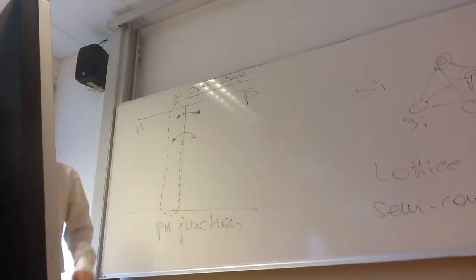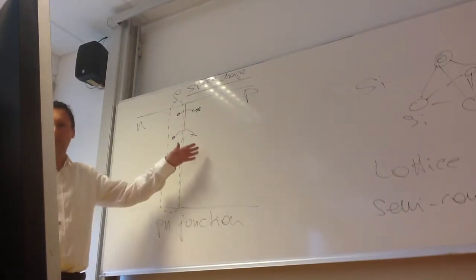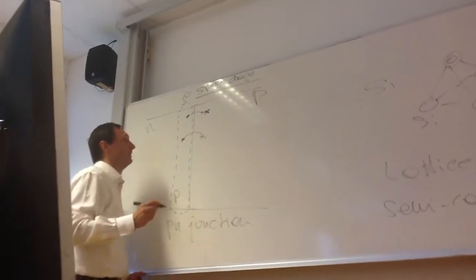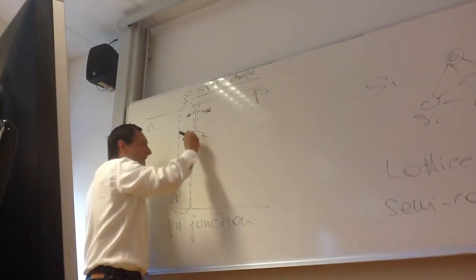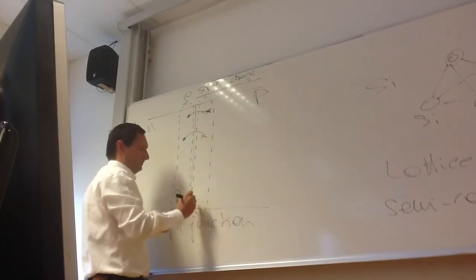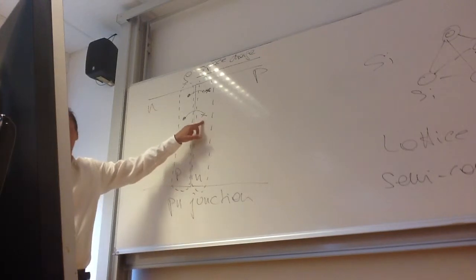What kind of charge do we have on this side? If the electrons disappear to the other side, we have a positive charge here. And on the other side, a negative charge, because we have more electrons than protons.